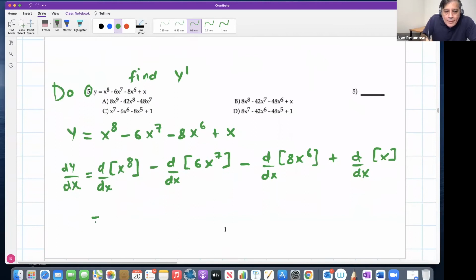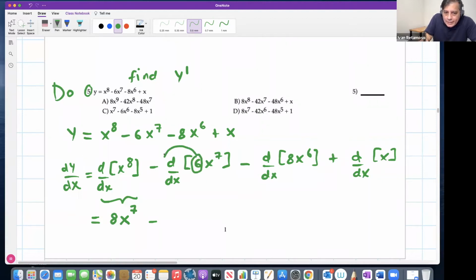But now, thankfully, we know how to get this derivative using the power rule. The 8 comes down up front, and here we keep 1 less, 8 minus 1, 7. This time I did it directly. 8x raised to 7 is the derivative of the first term, minus the derivative of the second term.